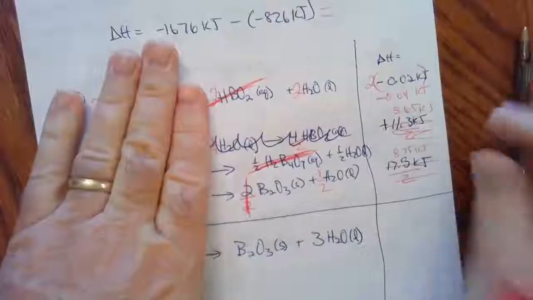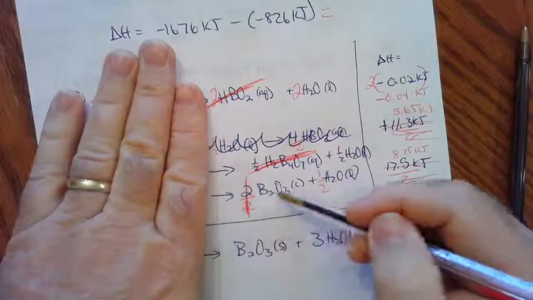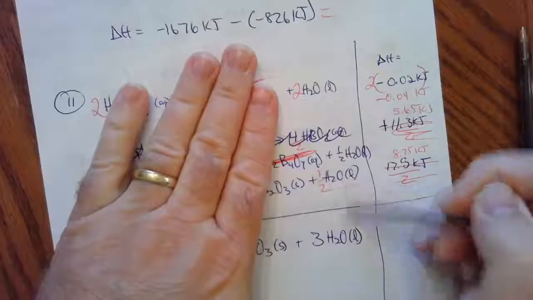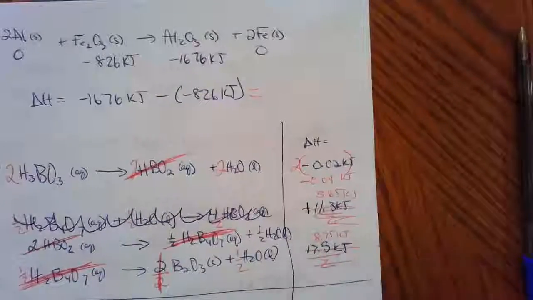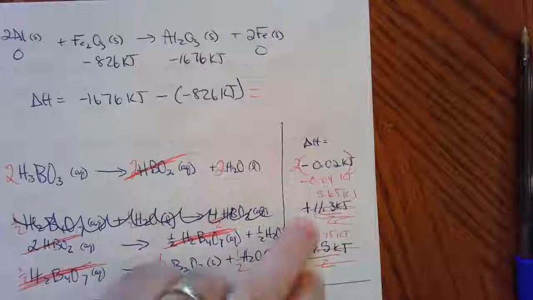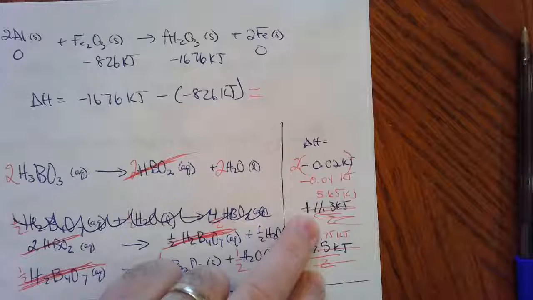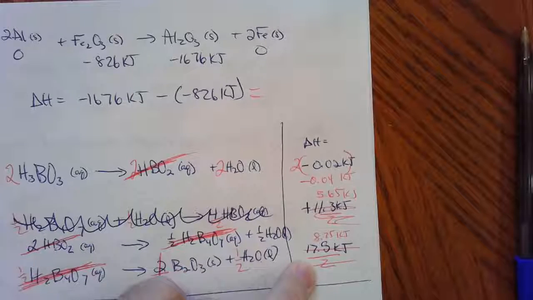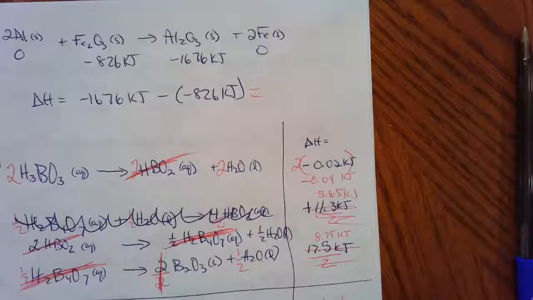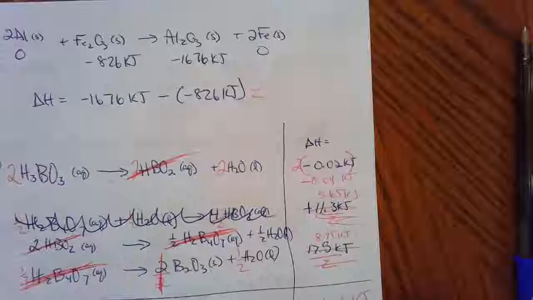On the right, you've got 1 B2O3, and we've got 2 and a half, which is 3 waters. So now I just have to add these all together. Negative 0.04 plus 5.65 plus 8.75. Okay, it's around 14.4 kilojoules per mole reaction.